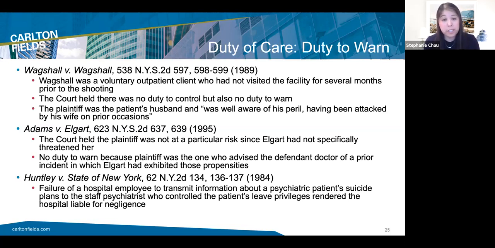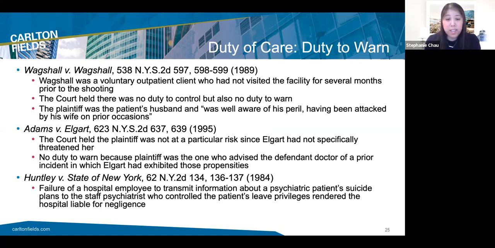this was a little bit of a different scenario. The failure to warn about the suicide plans of the patient to a staff psychiatrist who controlled the patient's leave privileges did render the hospital liable for negligence. So this was a case where a duty to warn was found, and it kind of coextends and relates to the duty to control because the patient was an inpatient getting treated there for inpatient purposes.